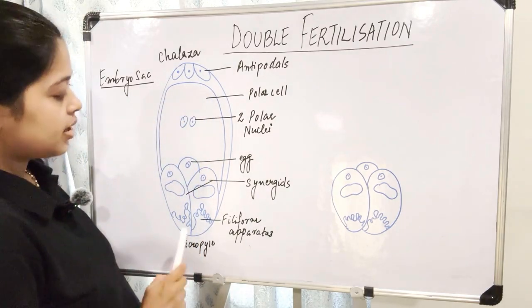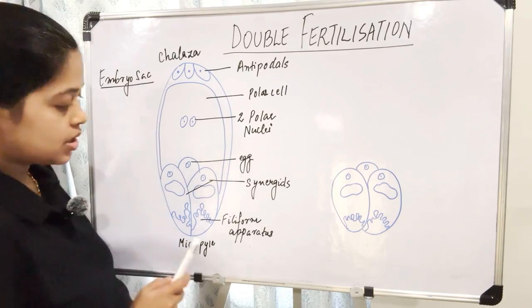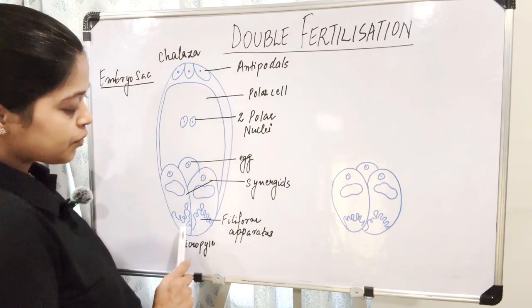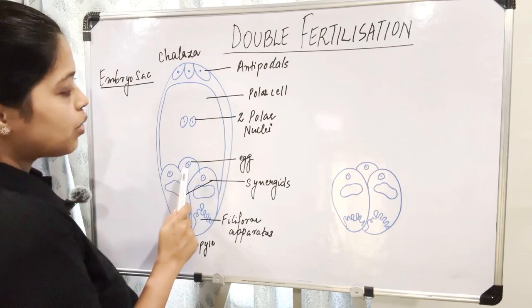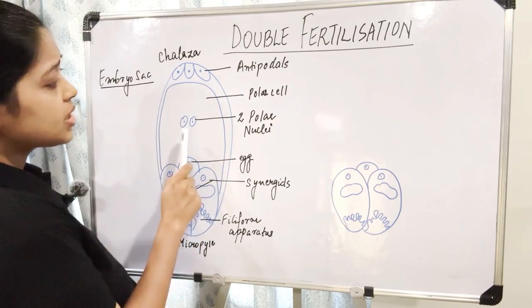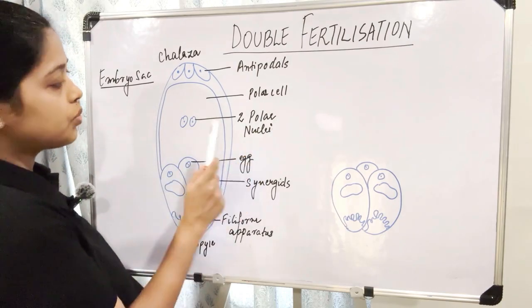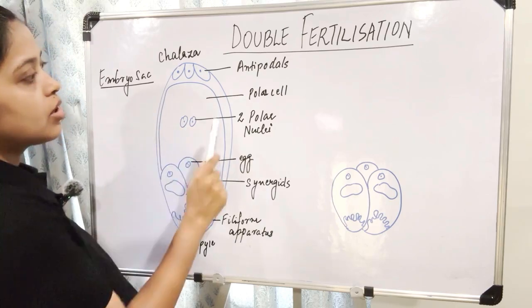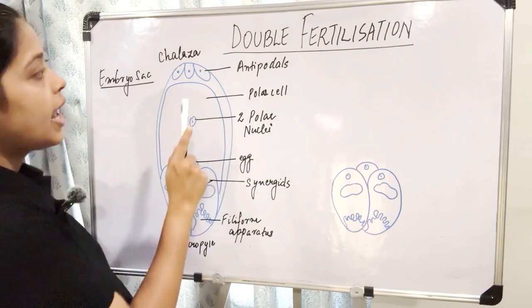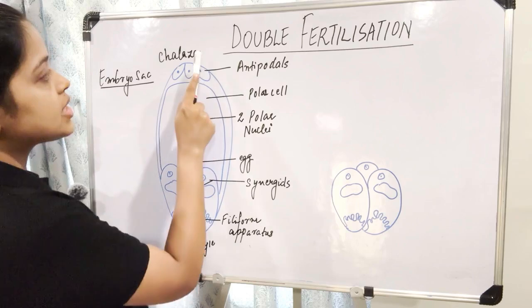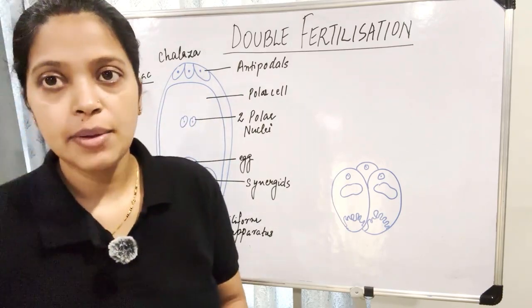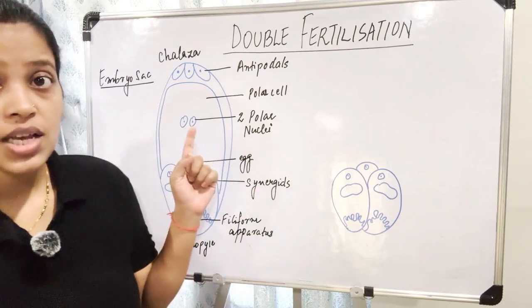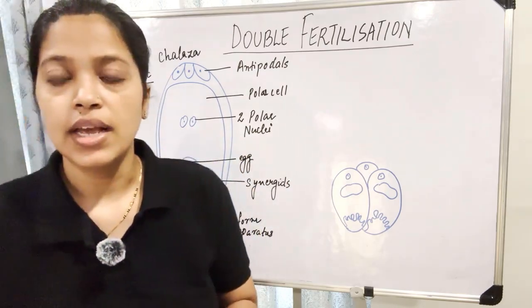At the micropylar end, we have three cells: two synergids with finger-like projections called the filiform apparatus, and one egg cell. Then we have two polar nuclei in the center of the central cell, and we have three cells at the chalazal end, which are called the antipodals. So this is the structure of the embryo sac.